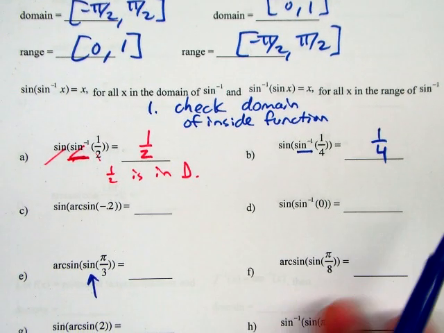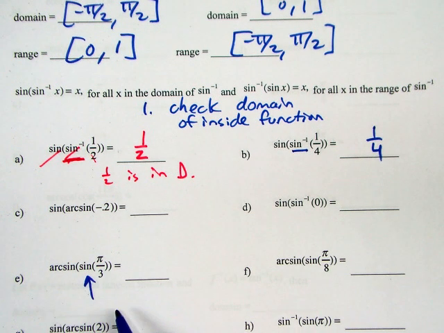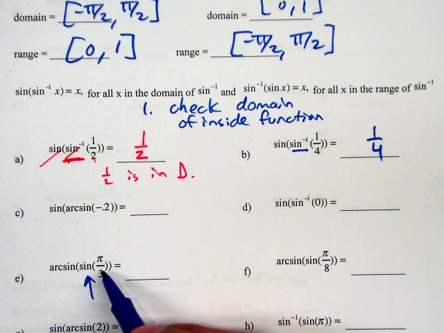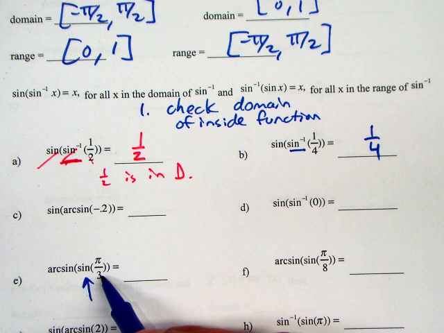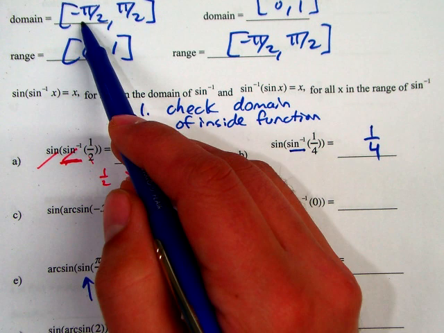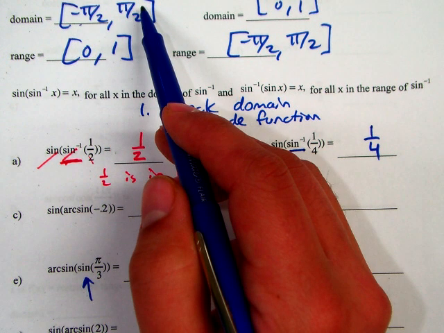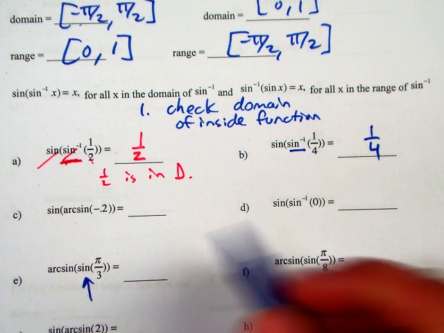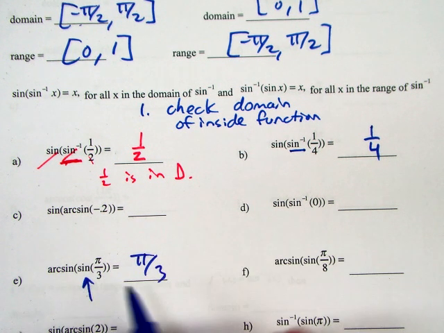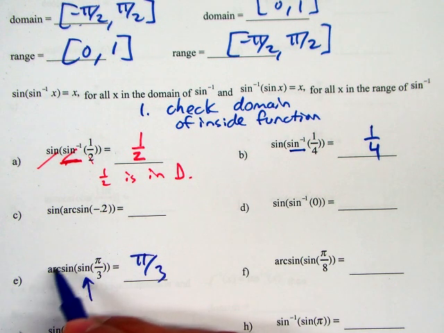Okay, so for part E, we have restricted sine. Our input is pi over 3. We just want to double check, is pi over 3 between negative pi over 2 and pi over 2? Of course it is. So the sine and the inverse will cancel, and you just get pi over 3.